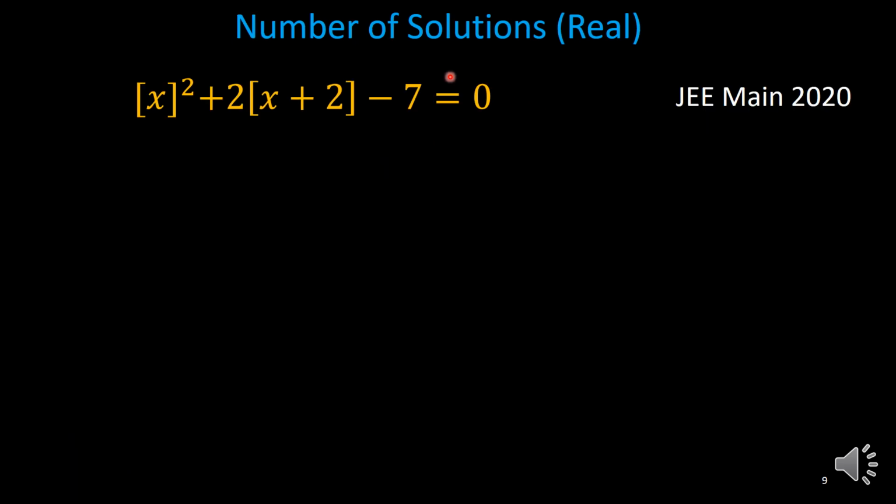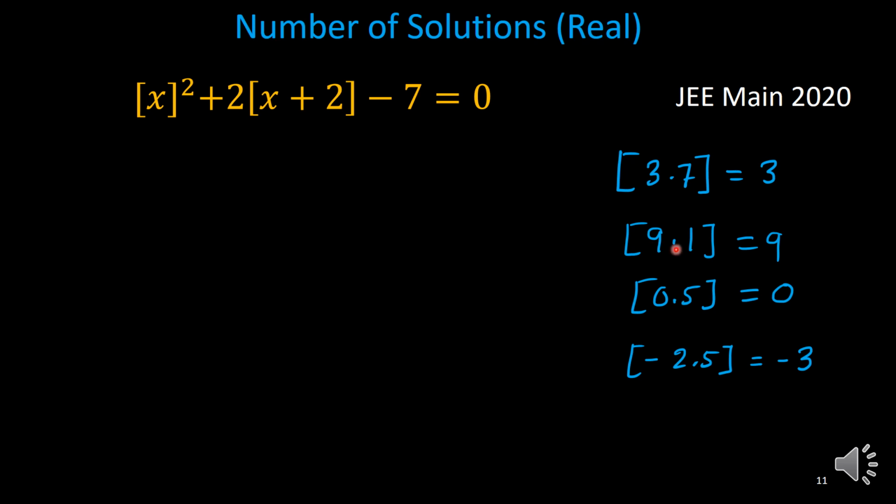Now we'll consider the second problem. Here the square bracket corresponds to the greatest integer function. What is this? Suppose I have 3.7, its integer value is 3. So 3 is the integer part and this is the decimal part. So 3.7 we replace by 3 only. Similarly, 9.1, its integer value is 9.